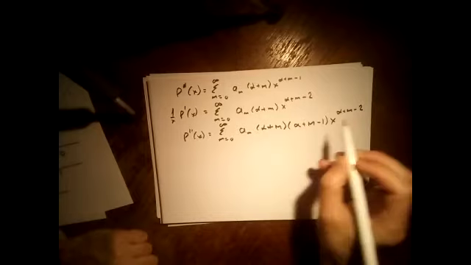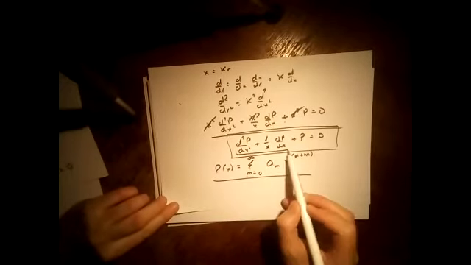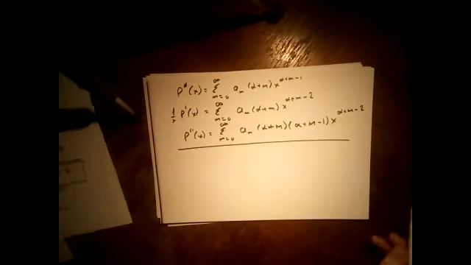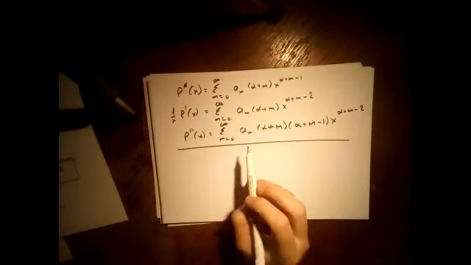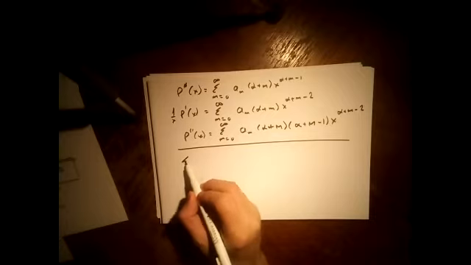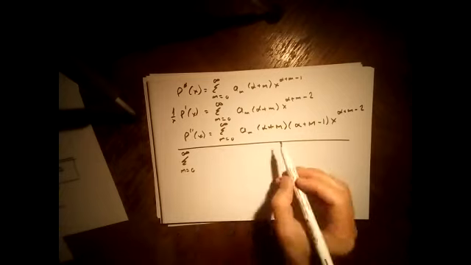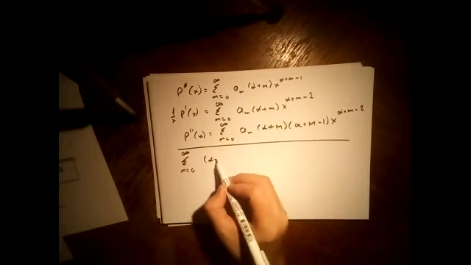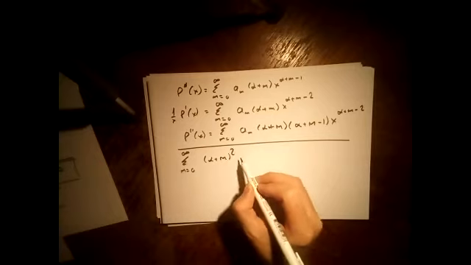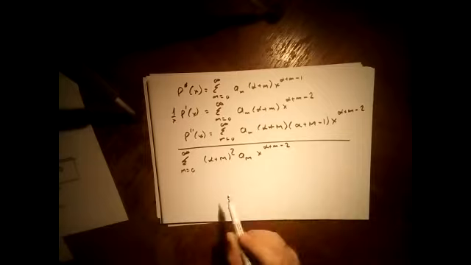Now let us just recall that this is what we're after, and I just worked out these two terms. I'm going to add those, these last two terms. So I get the sum from m equals 0 to infinity, and if I add those two, I get (alpha plus m) squared a_m x to the alpha plus m minus 2.